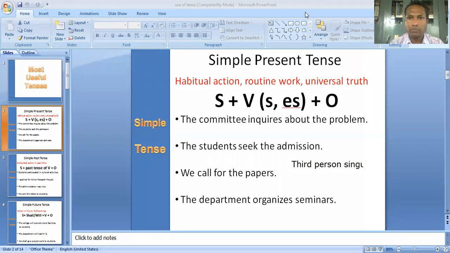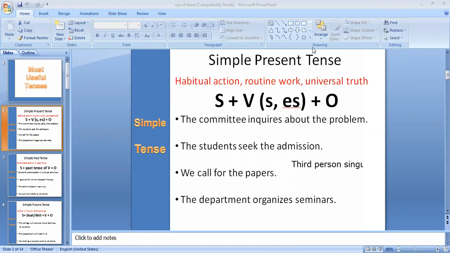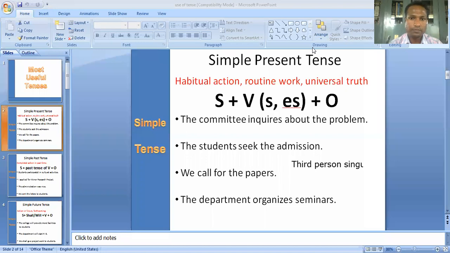Mind it well. When the subject is third person singular, the verb is used in S/ES form. Right? See the first example. Can anybody read the first example? I have given you the example. Read the first example. Jagdale, read the first example.